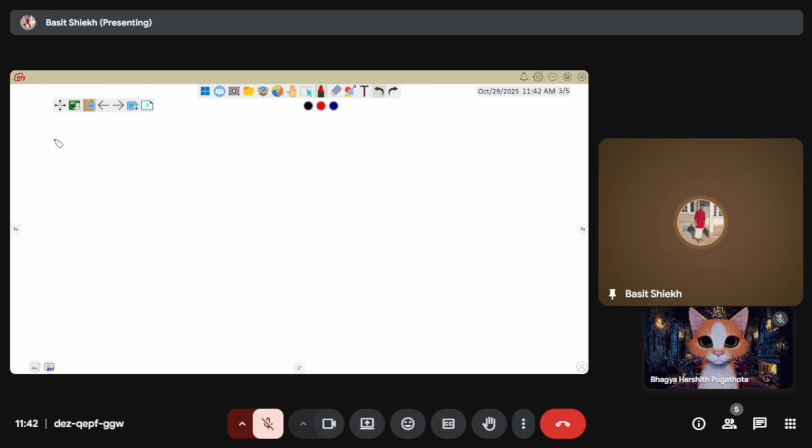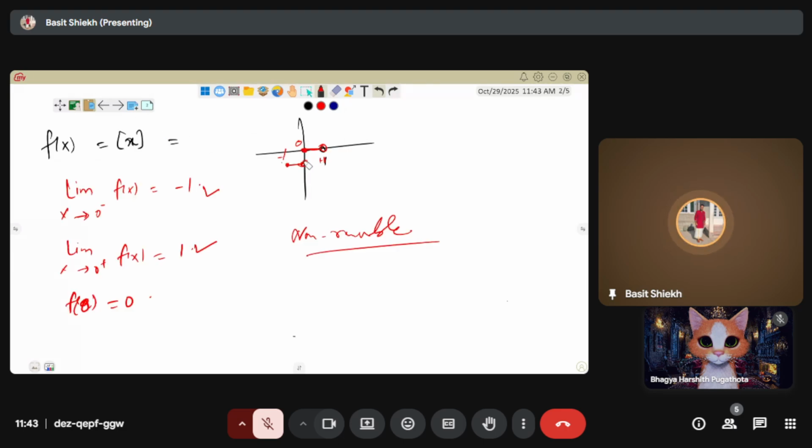Second example is f of x equals to greatest integer of x plus minus greatest integer of x at. Sir, previous one, how is it non-removable? We cannot redefine the function at this point 0. How can we?